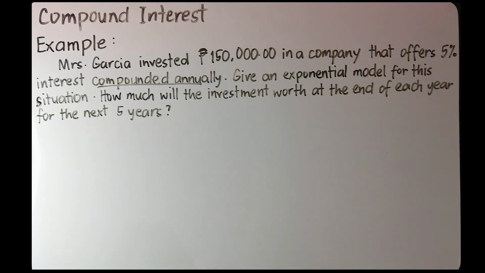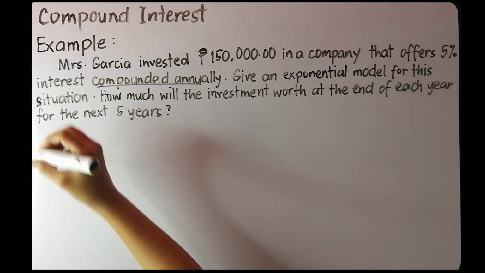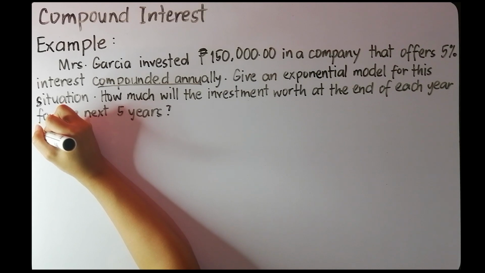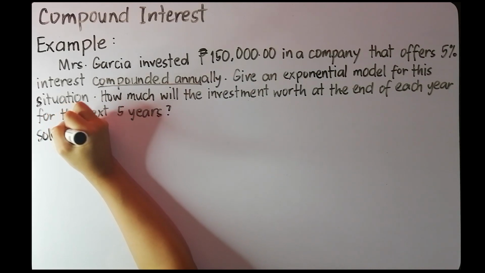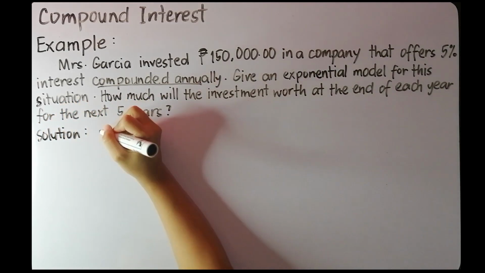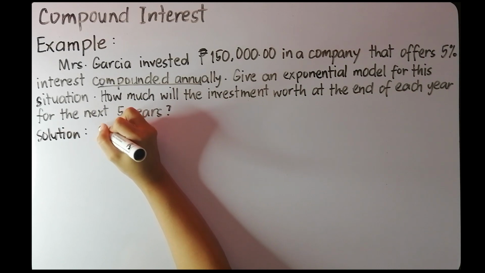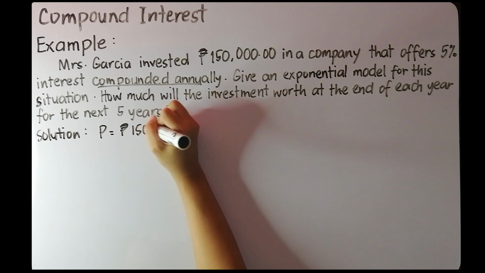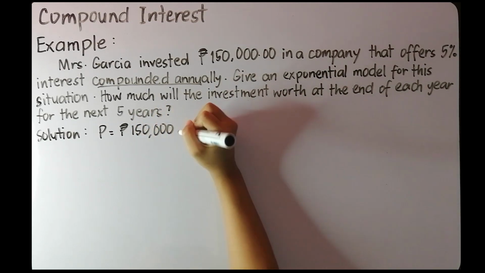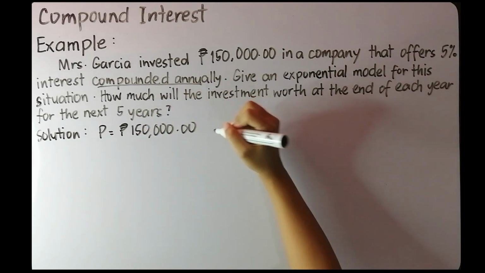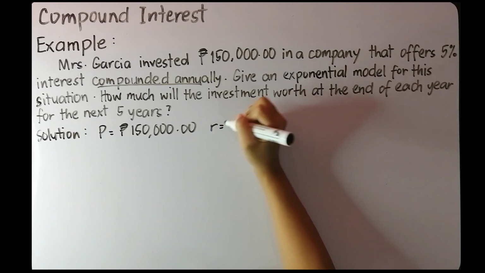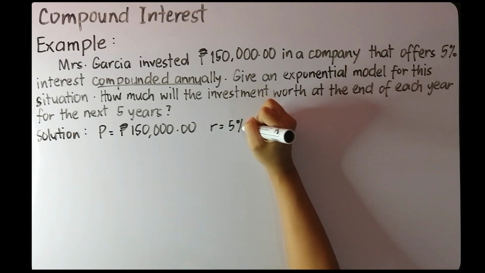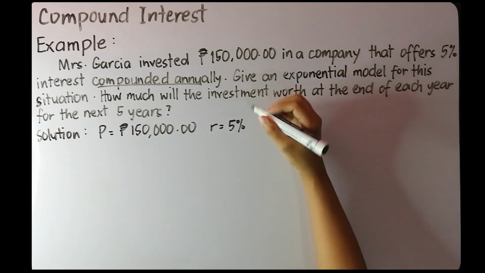So let's first define the given for the solution. For this problem, we have a principal amount of 150,000 pesos, and the rate, denoted as R, will be 5% compounded annually.